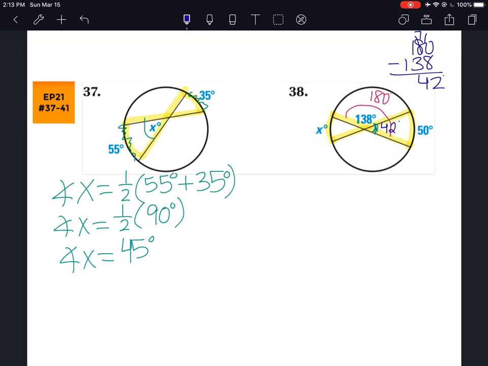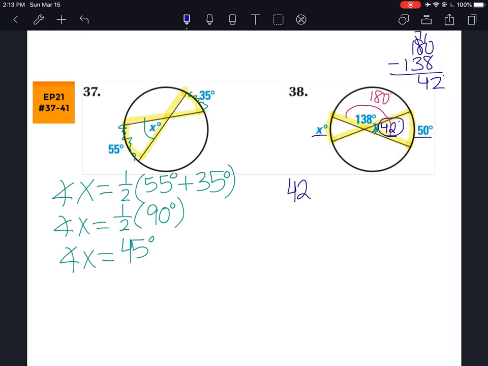So 42 goes here. And now you can clearly see that 42 has a relationship with the two arcs directly across from it. And if there's any question as to why the 42 belongs on that side, it doesn't. It can also go here because of vertical angles. So now, let's just say I have only 42 so you don't get confused.